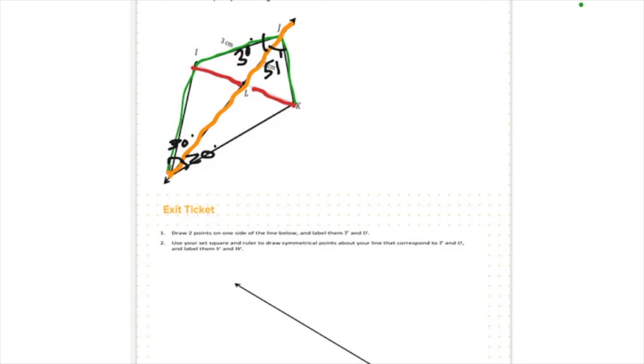So our answer here is that even though you're writing IL equals LK, yes, that's true.